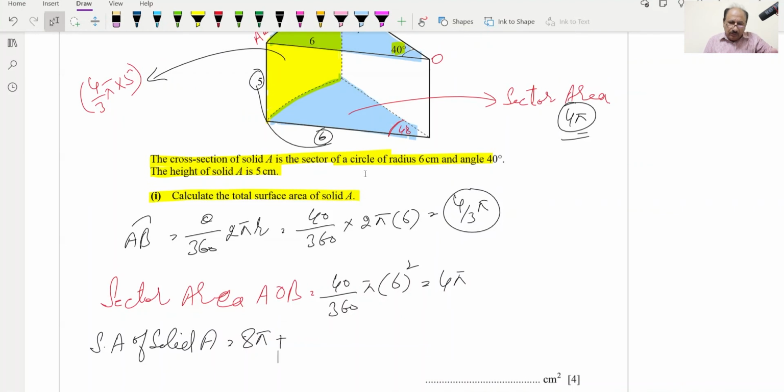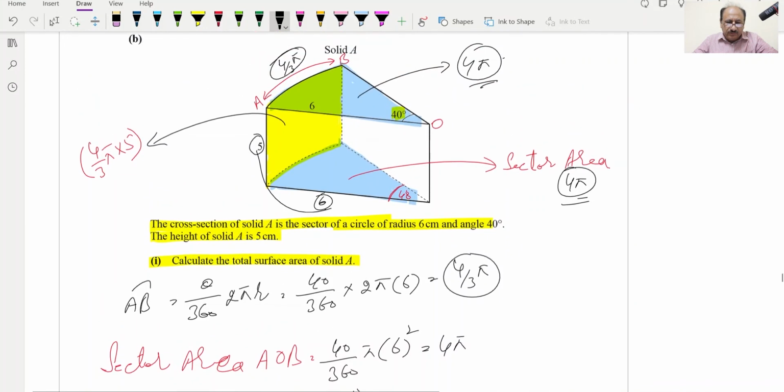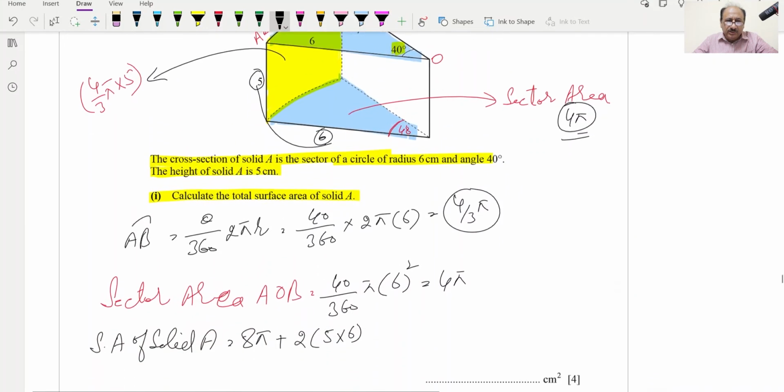Now the area of two other sides, which will be 2 multiplied by 5 into 6. These are two facing side areas. Then we will take the curved surface area, which is AB into this one. So this area we will be adding in it.